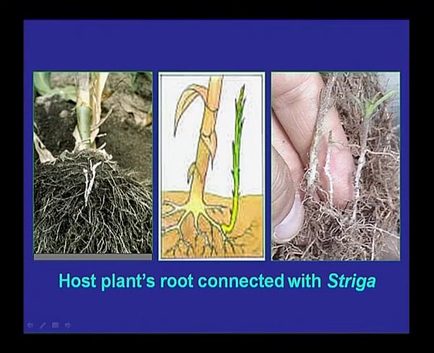You are seeing here the connection of the sorghum plant with the striga. It is the hand drawn picture which is showing how the striga plant is attached with the roots of the host plants and drawing their nutrition.